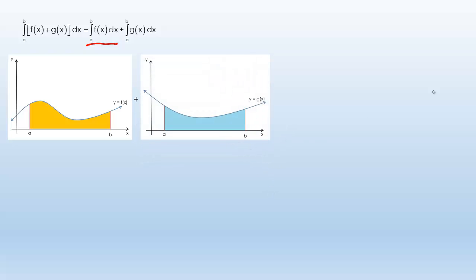So if we have y is f of x like this, then what we know is that this is the gold area. And we're adding to it the blue area, and the blue area would be this.